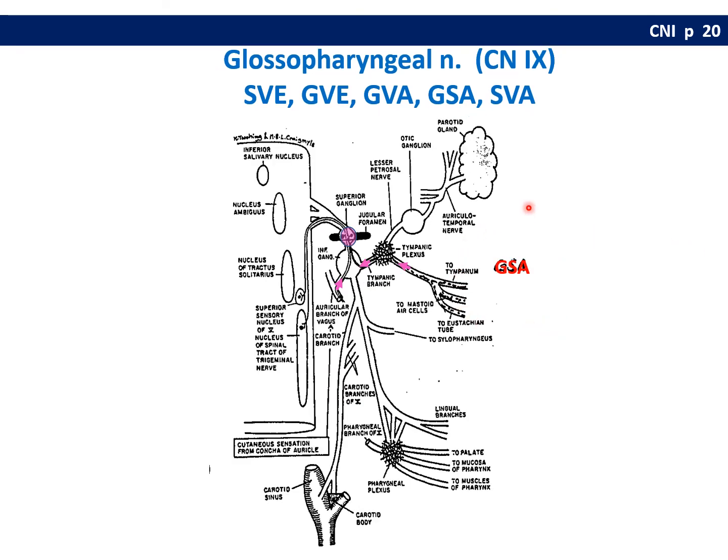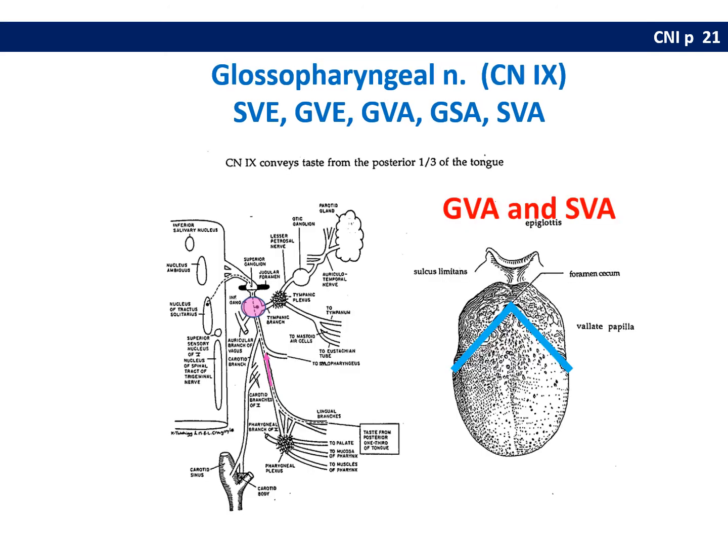The GSA fibers, right, so general somatic afferent, these are going to go to the middle ear, eustachian tube or auditory tube, mastoid air cells, and then those fibers are going to go through the tympanic canaliculus in order to get to where their cell bodies are located in the superior ganglia, and then on to the brainstem.